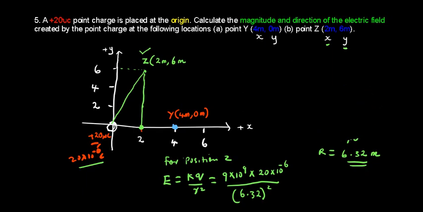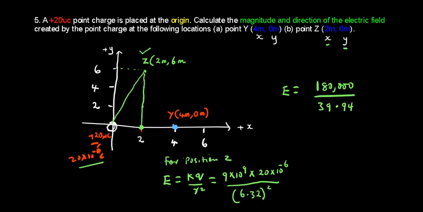So when you do that, E will now be equal to 9 times 10 to the power 9 multiplied by 20 times 10 to the power negative 6, which will give us 180,000, then divided by 6.32 raised to power 2, which will give us 39.94.